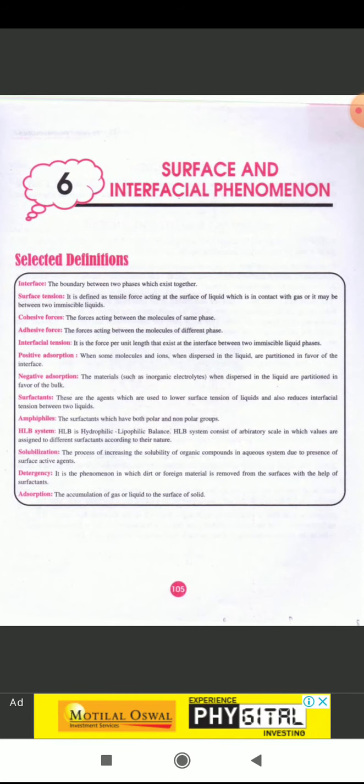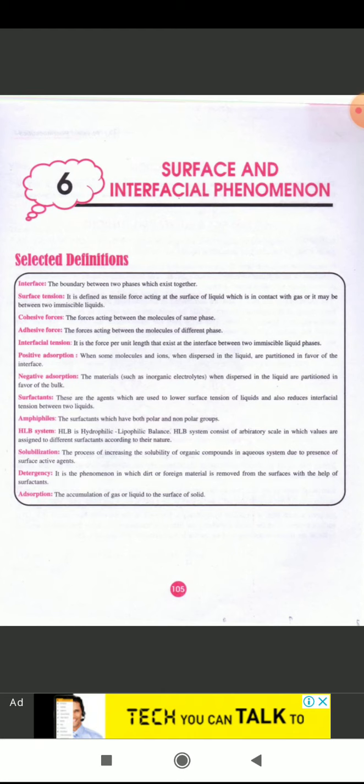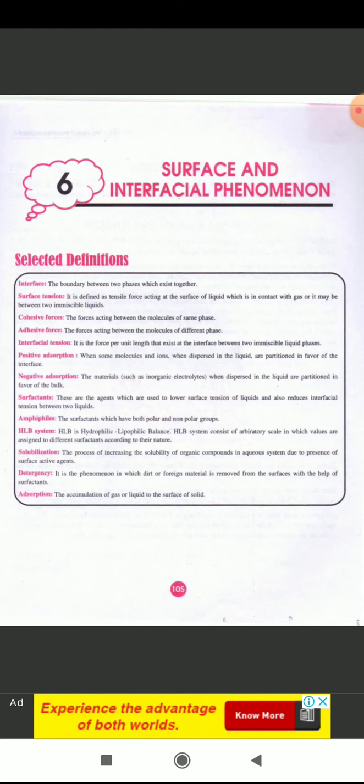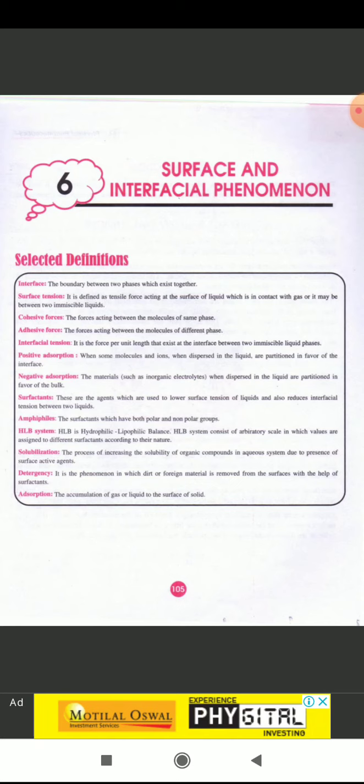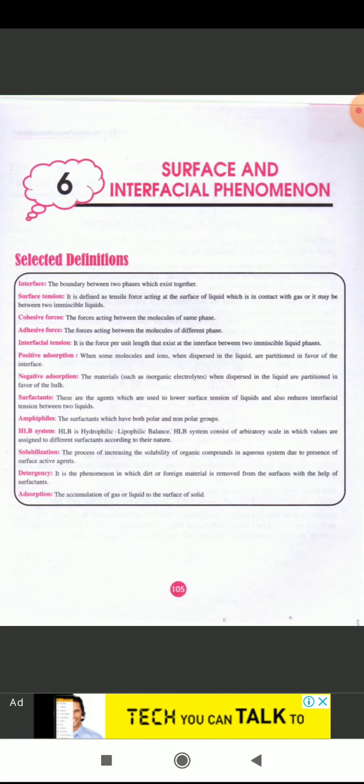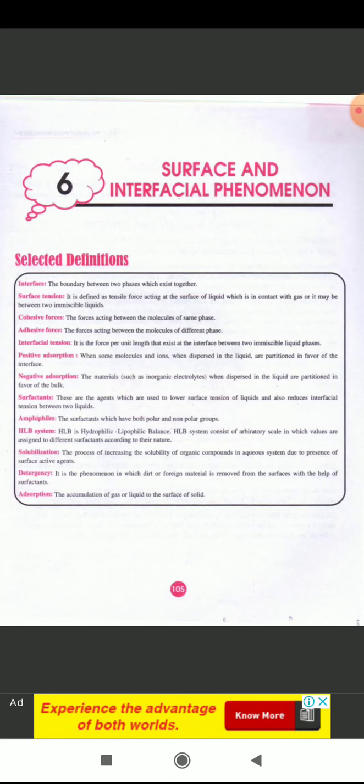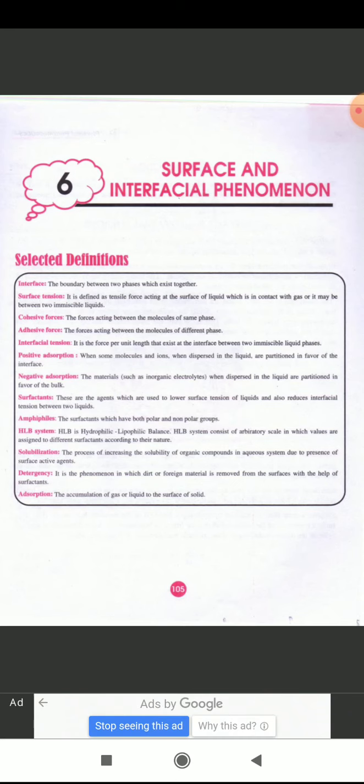Here you can see clearly on your screen, interface we have already discussed. Surface tension is defined as the tensile force acting on the surface of a liquid which is in contact with gas, or in contact with any two immiscible liquids.